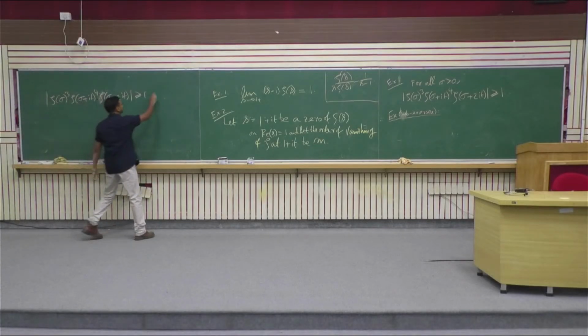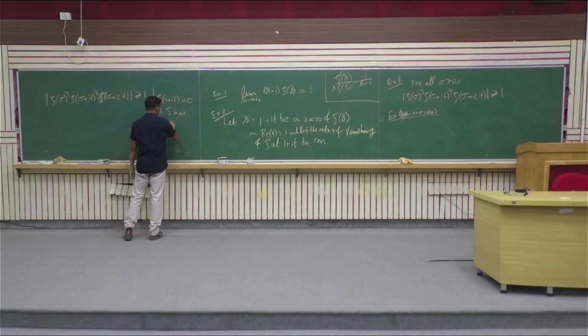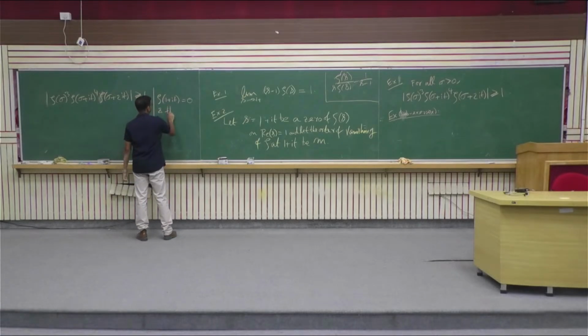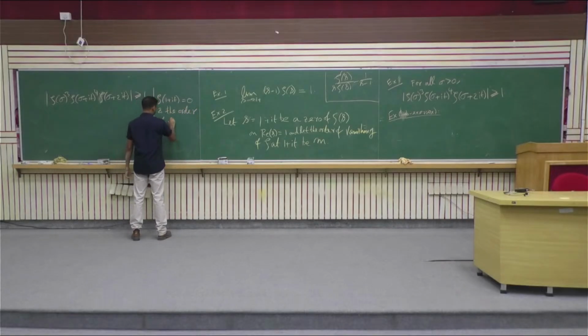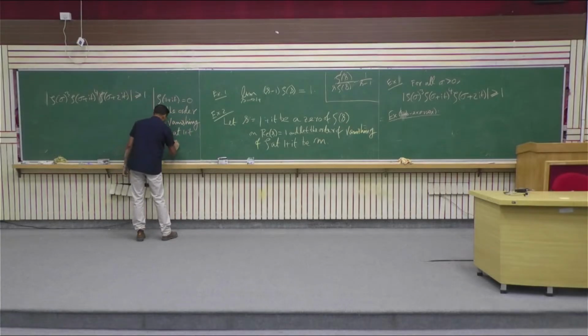So let's assume that zeta at 1 plus it is equal to 0, and the order of vanishing of zeta at 1 plus it is m.